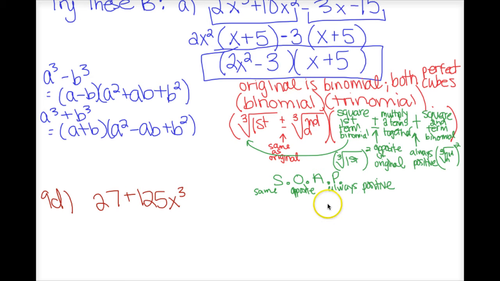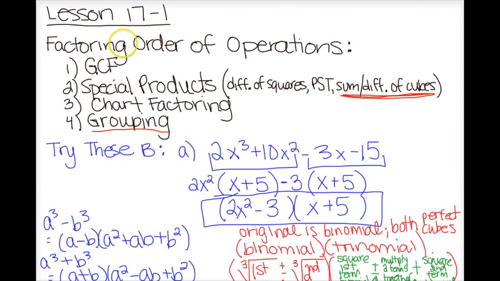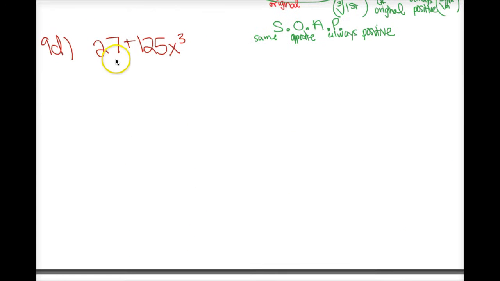Now, I want to stress again, every factoring problem you need to approach with this order of operations. Always go through this first. So the first thing I should look for is a GCF. 27 is divisible by 27, but also by 9 and 3.